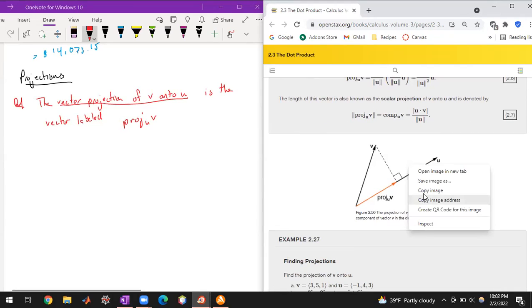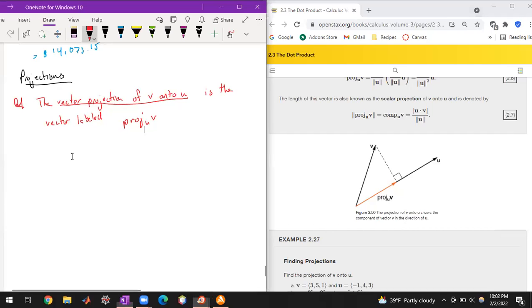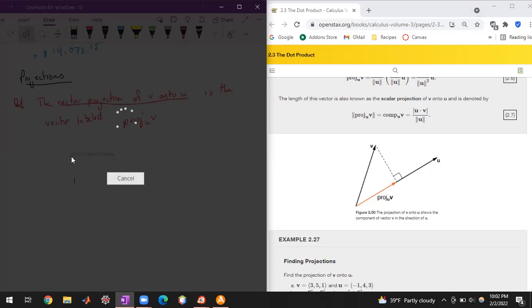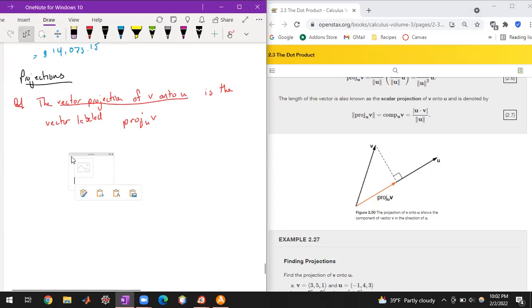Let me go ahead and copy this figure into our notes. Right, so here's our vector U, and we're interested in the projection of V onto U.